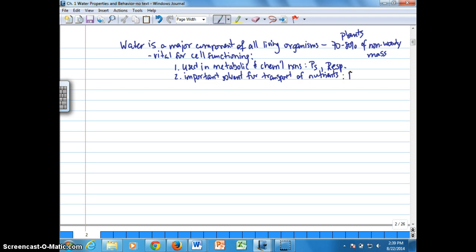And so we're looking at things like potassium and nitrate, calcium, and so forth. They're going to be mainly ions that are transported, or hydrophilic substances.